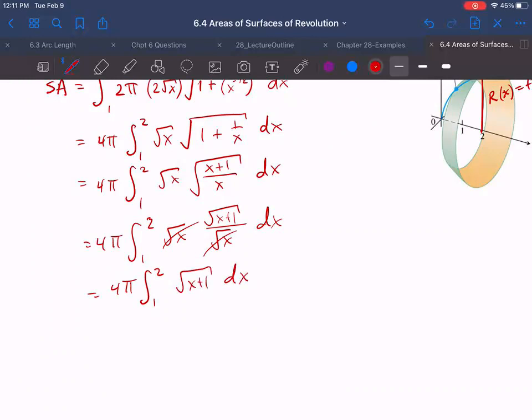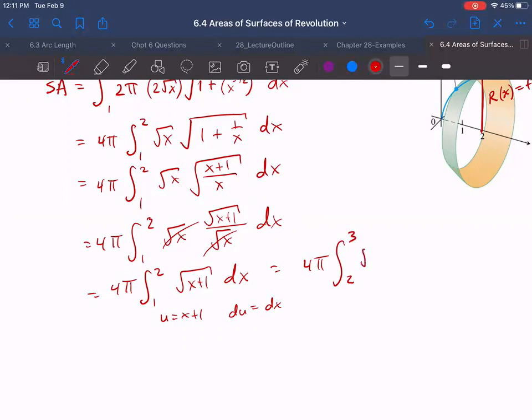And then how do I want to go about doing that integral? Yeah. So we can let u equal X plus 1, and then we can say du equals dx, right? And so this becomes 4 pi. Now, if I plug in 1 for x, I get u is 2. If I plug in 2, I get u is 3.